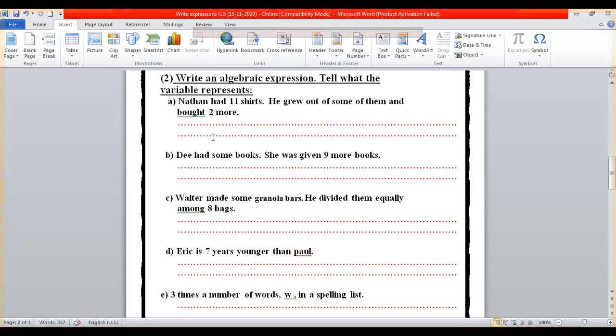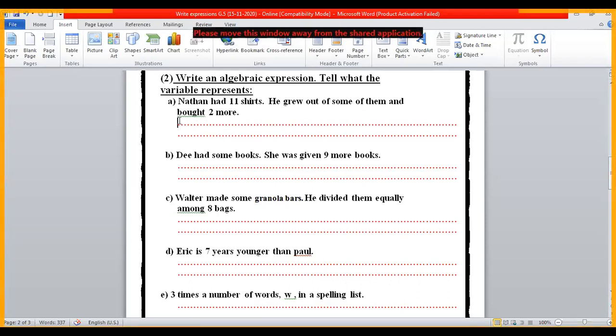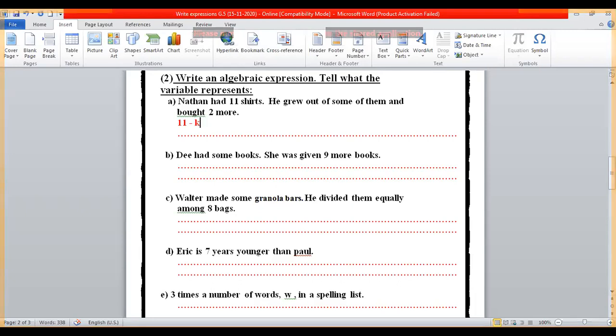Write the algebraic expression. Nathan had 11 shirts. He grew out some of them and bought 2 more. Who can write the expression? It will be 11 minus K, plus 2.